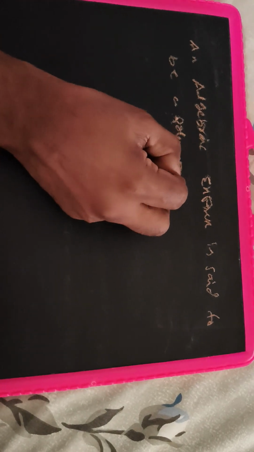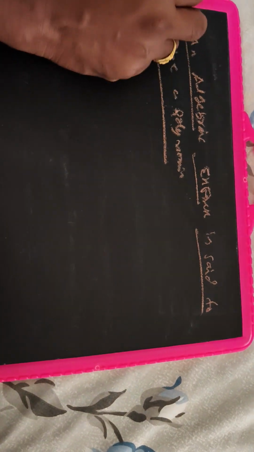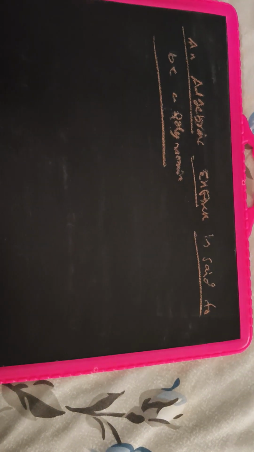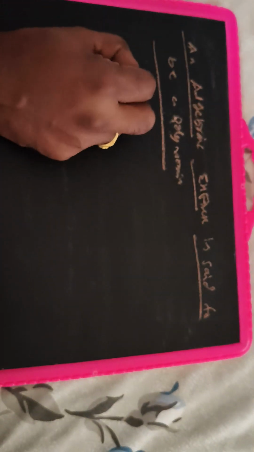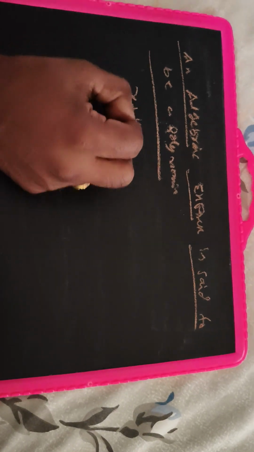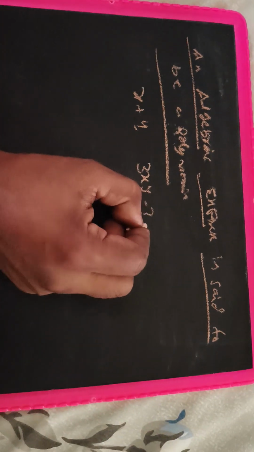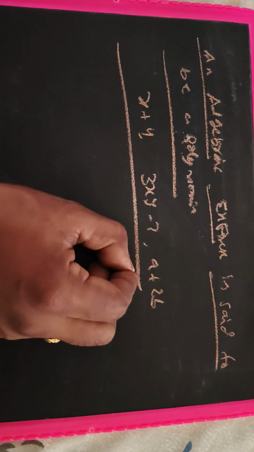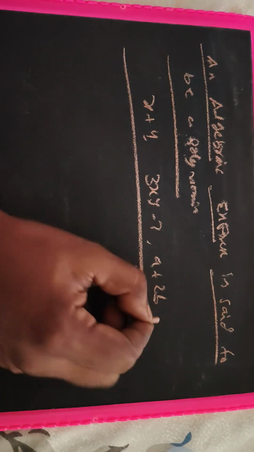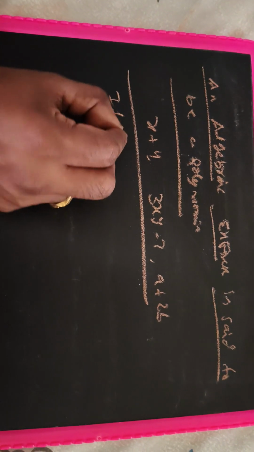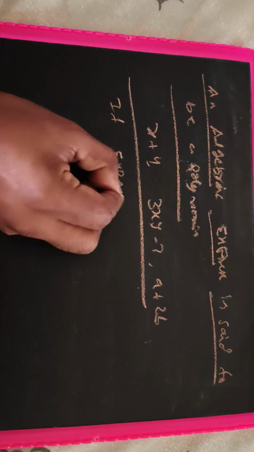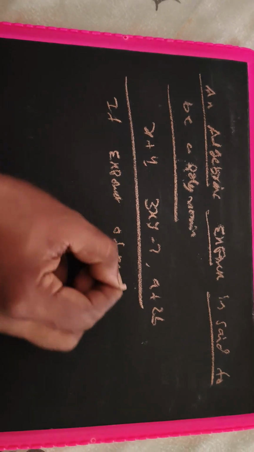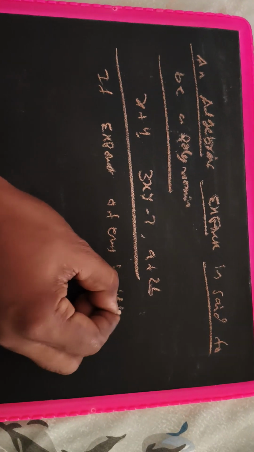What does polynomial mean? Any algebraic expression; in the previous class we already taught what an algebraic expression is: 3x plus y, 3xy minus 7a plus 2b. Any algebraic expression is said to be a polynomial if the exponent of every term in it is a whole number.